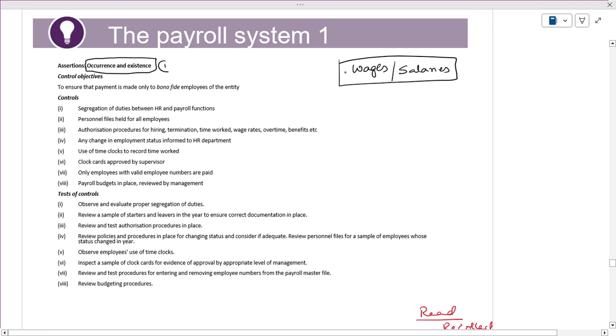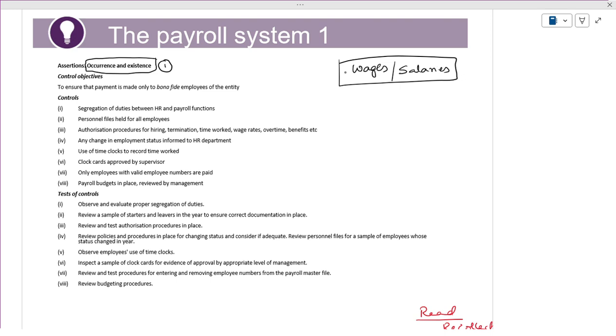First, it is occurrence and existence. Now you know occurrence and existence. The employees have to be registered. The employees have to exist. The employees have to work. Then only the process will be continued. All electronic biometric systems, automatically when you are clocking in, clocking out.